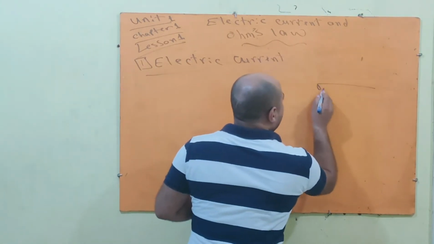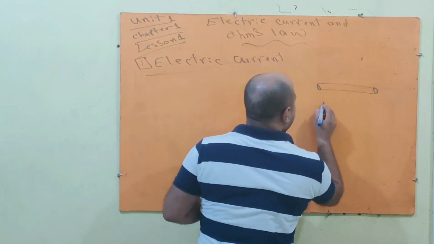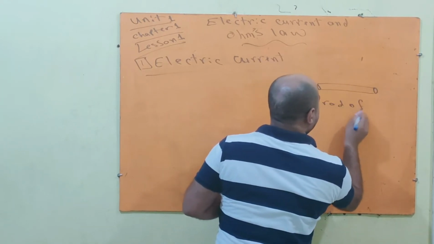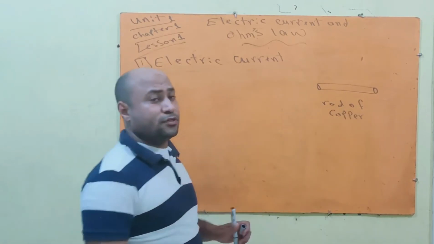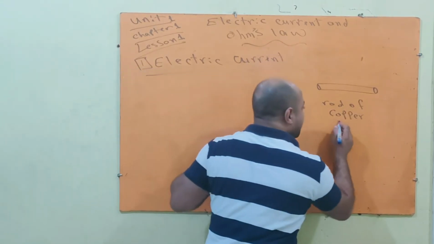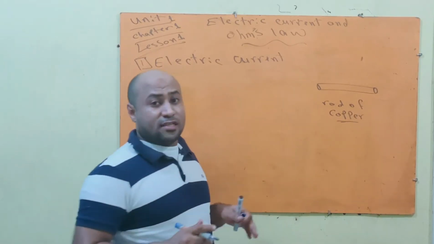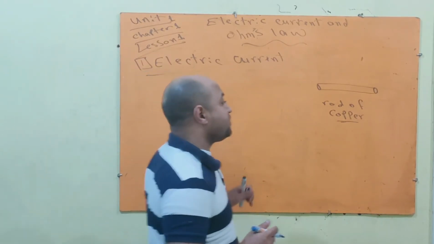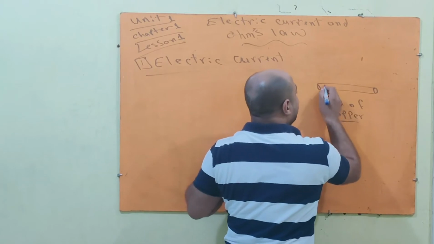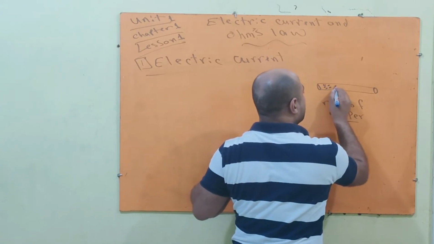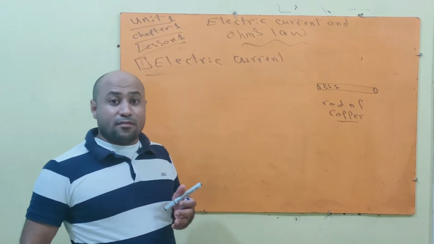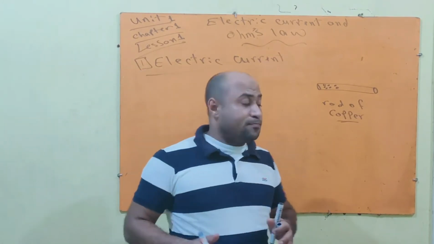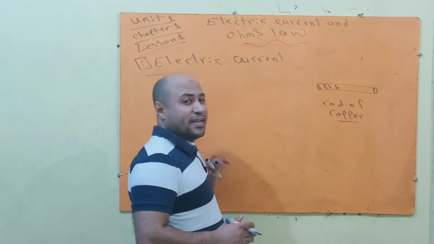If we have a conductor, for example, a rod of copper, we have learned before that copper is a good conductor of electricity, which means it contains free electrons. Why? Metals are characterized, rather than the non-metals, by the percentage of free electrons.